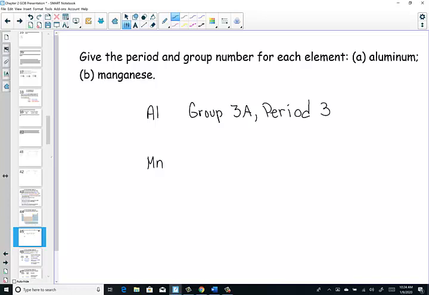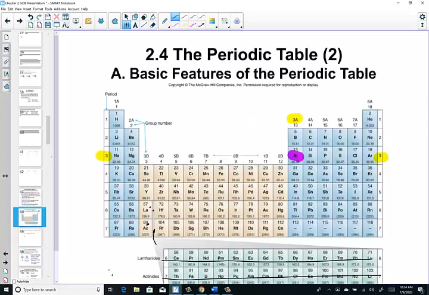The second one we had to write for was manganese. When you located manganese, where did you find it on the periodic table? Manganese is located right here. It's number 25. To locate its group number, you look up. It's at 7B. 7B is its group number, and look what row it's located in for the period.